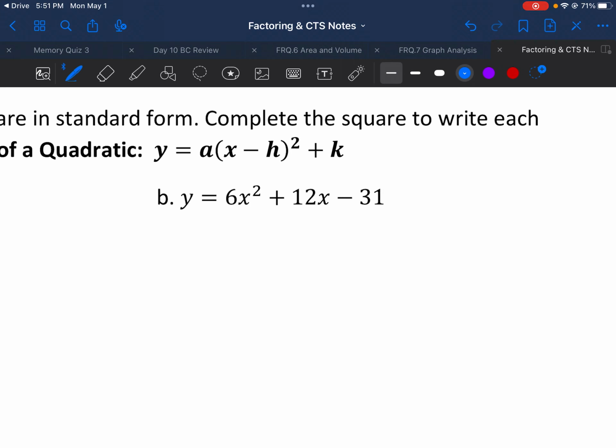y equals 6x squared plus 12x minus 31. All right, so same deal. 6x squared plus 12x minus 31 equals 0. Kick the constant over to the other side. 6x squared plus 12x equals 31.